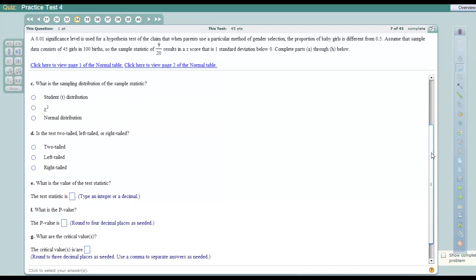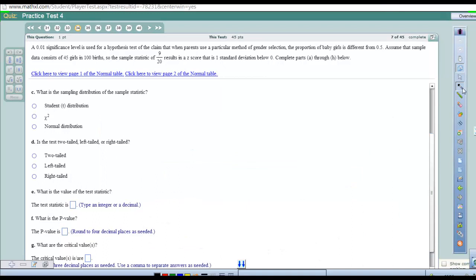What are the critical values? If we're doing 0.01 significance, and we just said it's a two-tail test, then we've got 0.005 in each tail. So we would do inverse norm of 0.005 to come up with those critical values. We'd have 2 in this case, plus and minus. What's the last part of it?